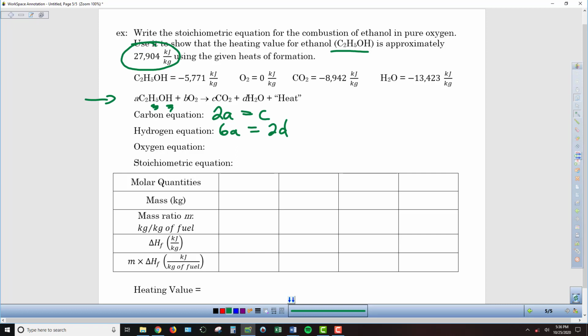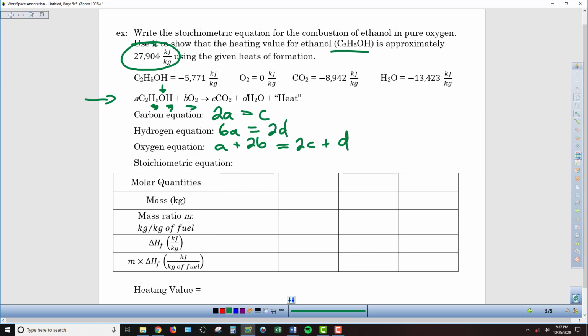So on the left-hand side, we've got oxygen in the fuel, so we've got 1A or just A, and then plus the oxygen there, so plus 2B. And so that's going to be equal to, on the right-hand side, we've got 2C plus D. And so we've got to solve that system of equations.